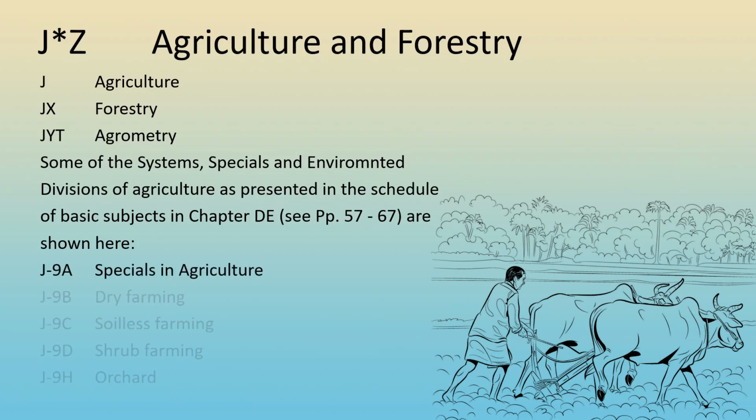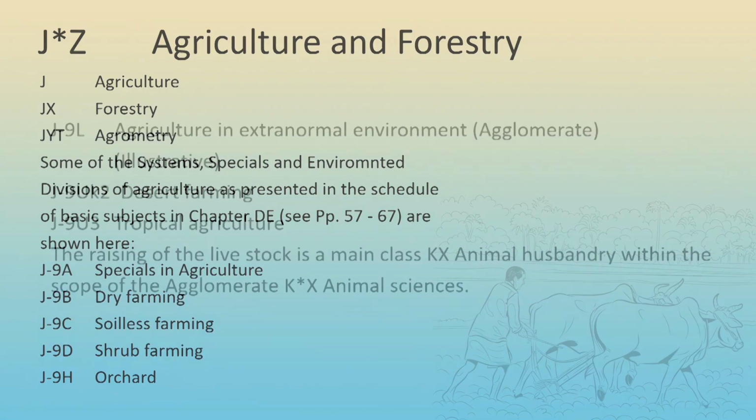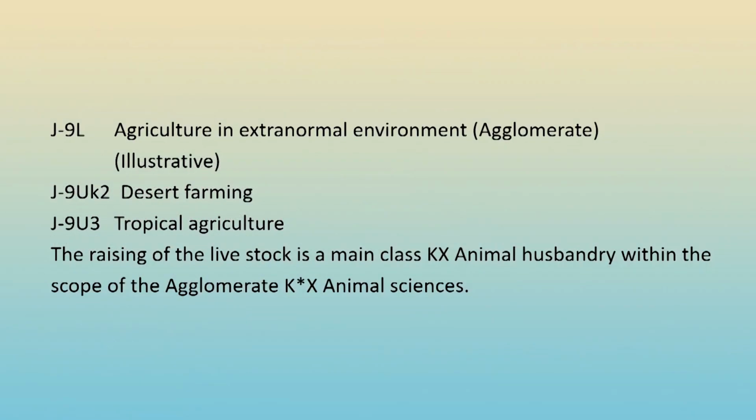Here we can get specials in agriculture, agriculture in extra normal environment, and that may be division by END, that is environmental division, and the raising of livestock is a main class, capital K capital X animal husbandry, within the scope of the agglomerate capital K star capital X animal sciences.